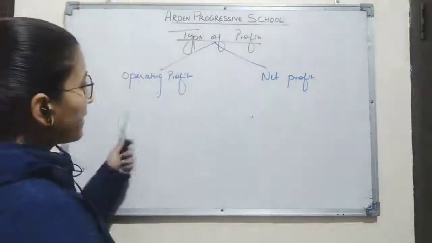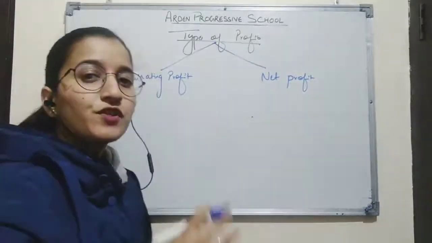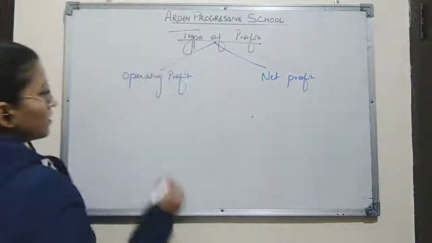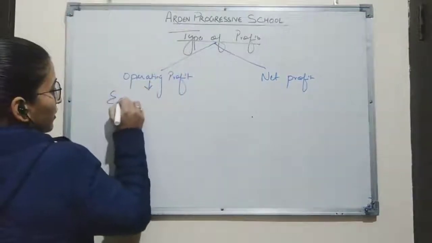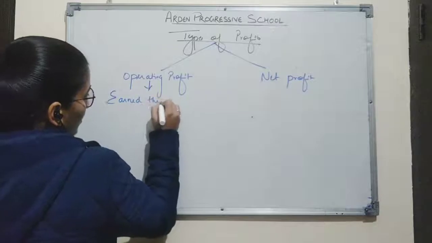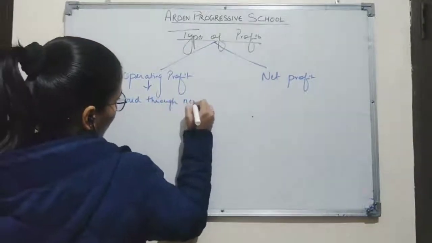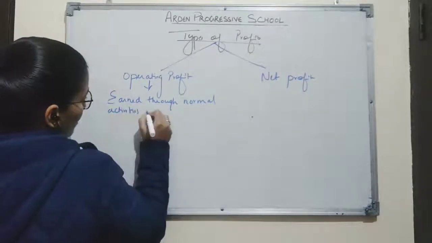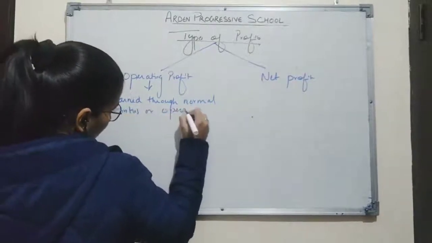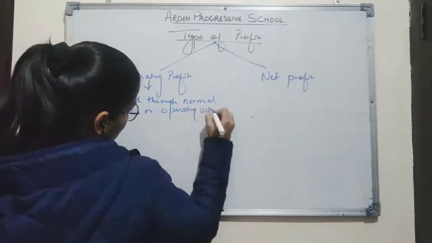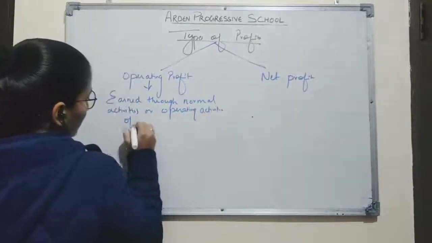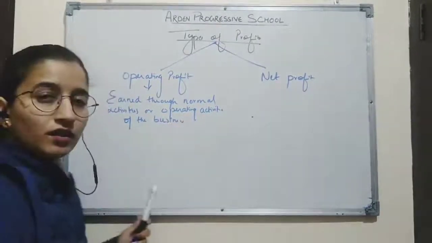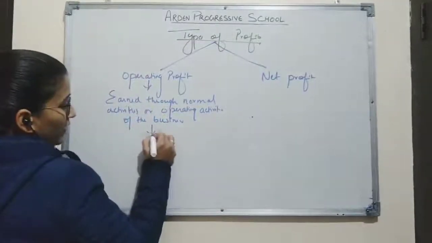So here operating profit means the profit which is earned through the normal activities, or we can say operating activities, of the business.